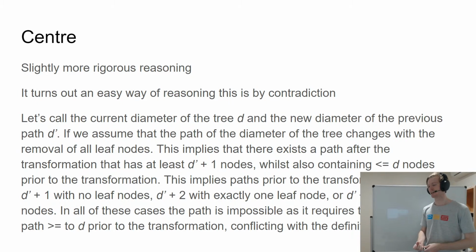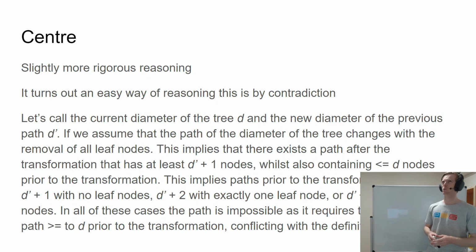Either it was made up of no leaf nodes, and it had size of d take 1, or we have a path that's made up of one leaf node, and it had size of d.